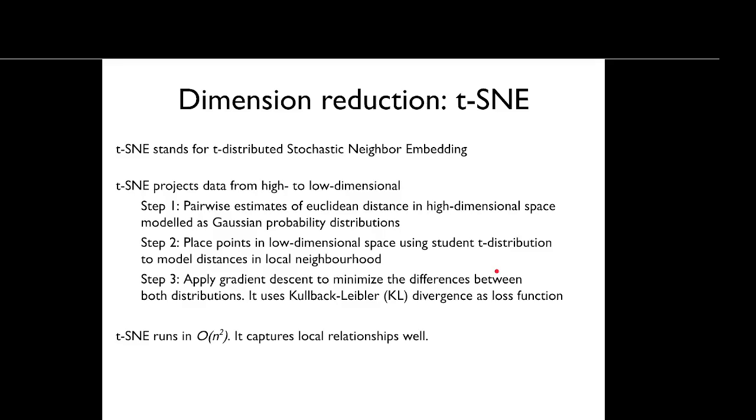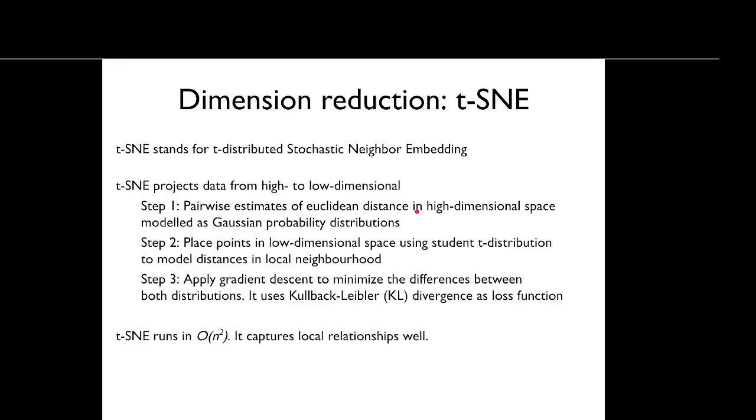Now let's compare this to the alternative to PCA, which is called t-SNE, the T-distributed stochastic neighbor embedding. t-SNE proceeds in the following 3 steps. First of all, it estimates the distribution of the Euclidean distances in the high dimensional space.